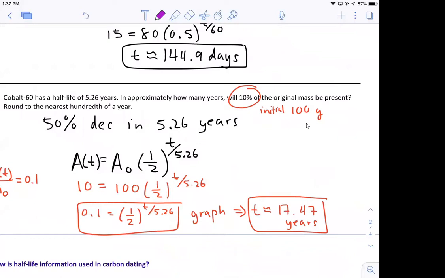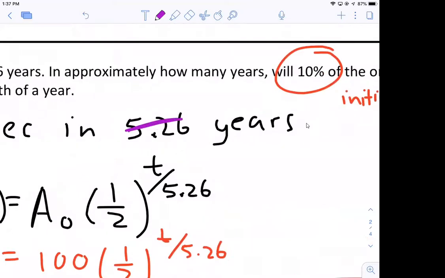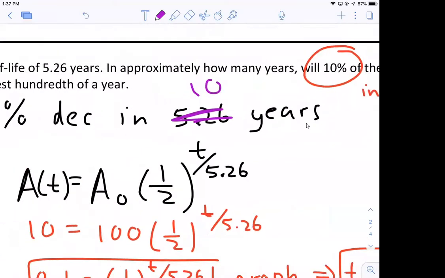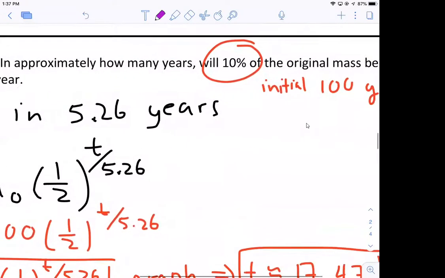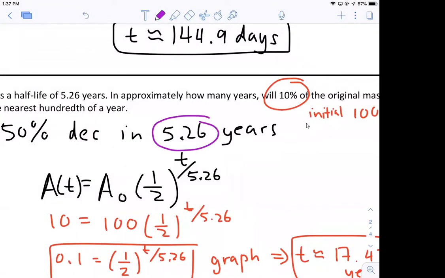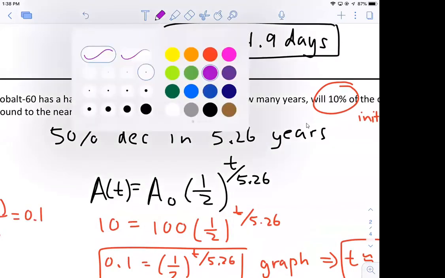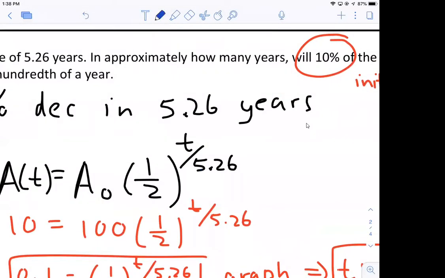Right, so if the half-life were 10 years, like we said, then to get the yearly decay factor, it will be 1/2 to the t over 10, where t is number of years. So it's just a weird number here for the half-life, but it's the same as what we've been doing. And actually, however many years the half-life is, that's what's going to be over here in the denominator.